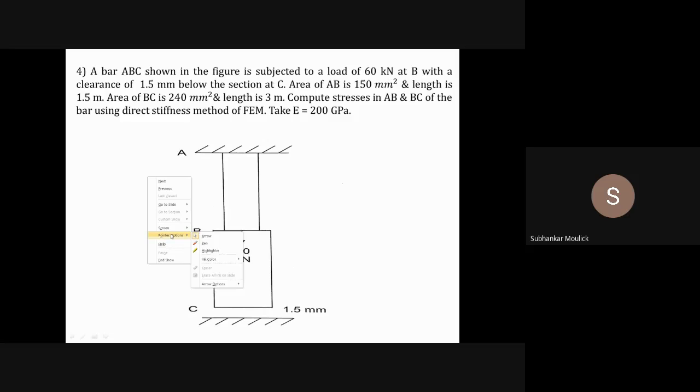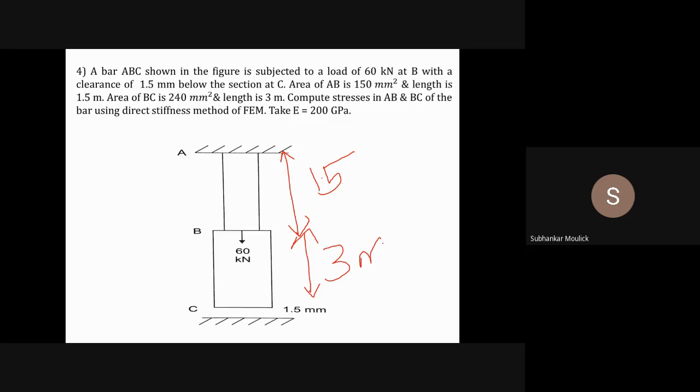That means what things are given in the problem? A bar ABC is given to you. It is a composite bar in which AB has a length of 1.5 meter and BC has a length of 3 meter.